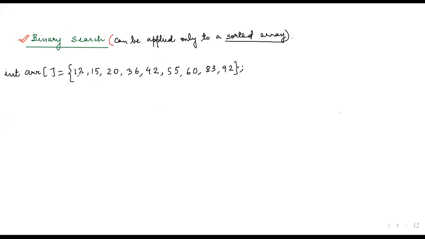Now, each of the elements has its index number, index value, you know that. So this 12 is actually ARR[0]. This 15 is ARR[1]. This 20 is ARR[2]. Okay, I'm just writing the index numbers of each of these elements.